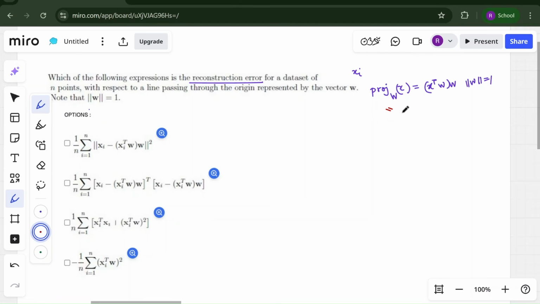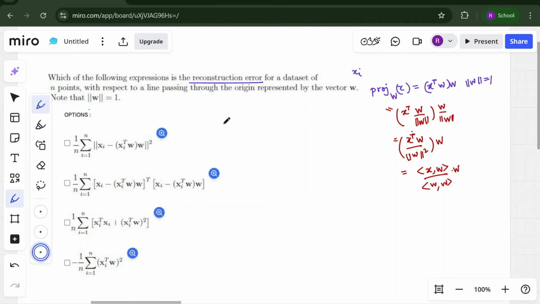In fact, you can do it by norm of w and then w by norm of w. So you can write it as x transpose w by norm w, cos square, times w. Or some people write this as the inner product of x with w divided by the inner product of w with w, times w. These are all the same things.